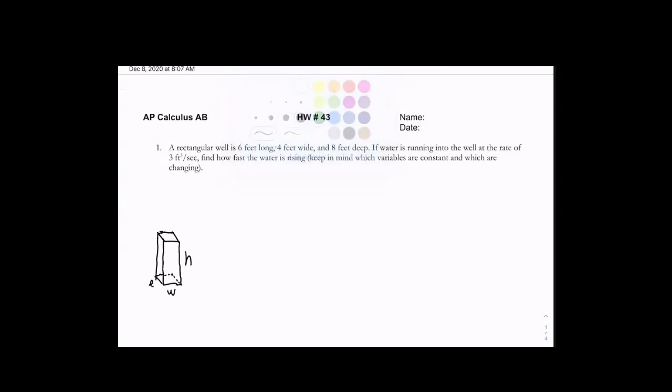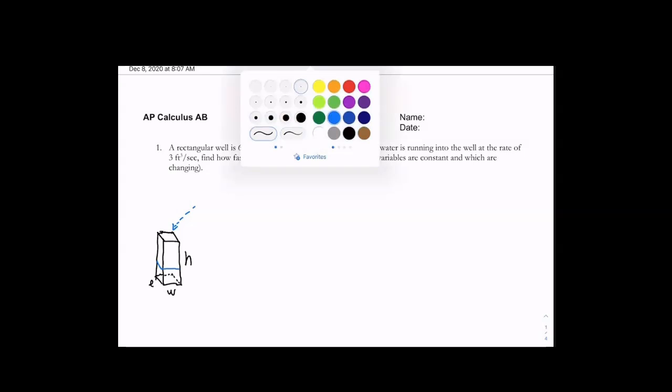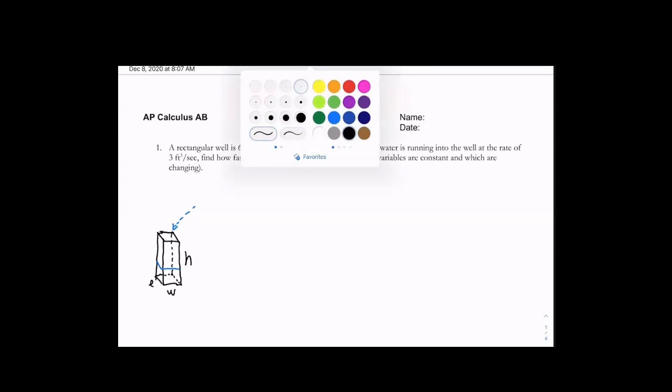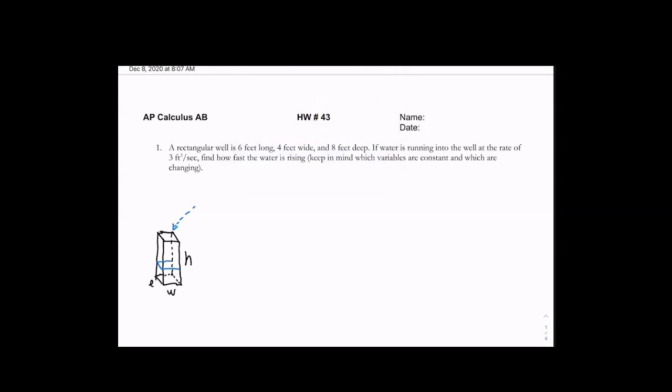And what's happening here is that water is being poured into here. And so we have water that is in this well.